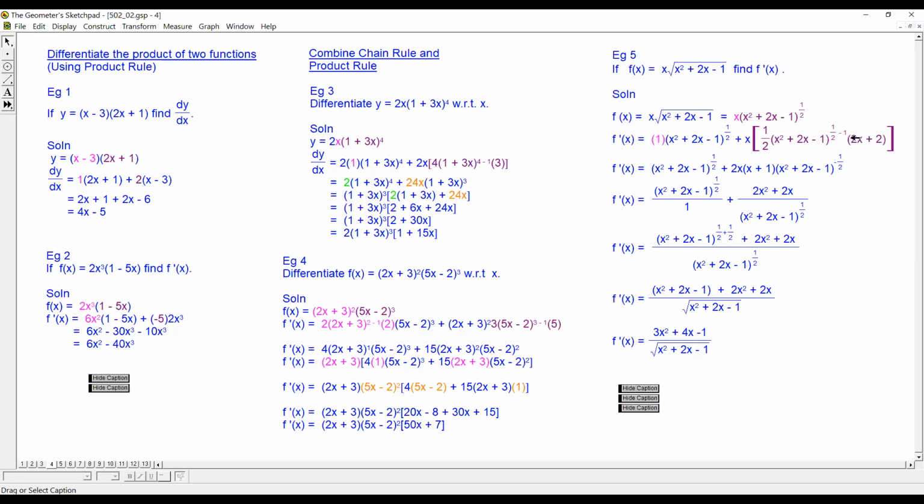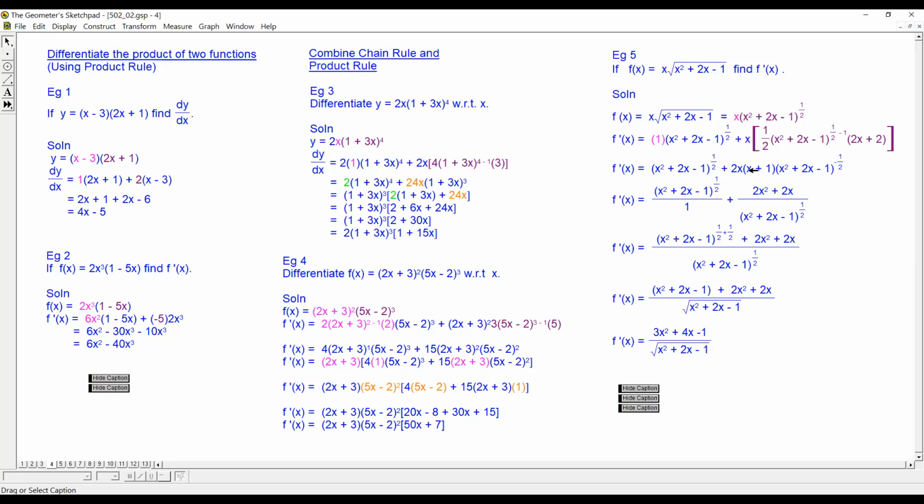So you have this extra term there. Now the simplification part. 1 times this thing stays the same. Then the 2x plus 2 multiplied with half.